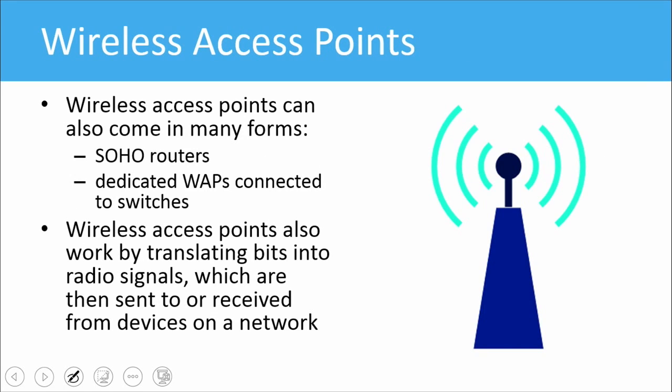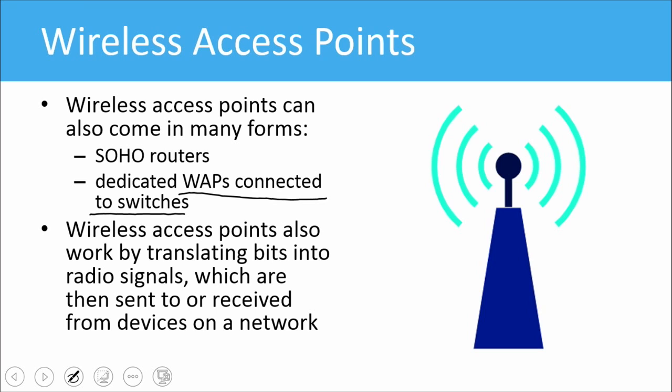Wireless access points can come in many forms as well. Oftentimes they're located in our home routers, our SOHO routers at our home office or small office. And wireless access points, like I mentioned previously, I hate to hammer this down, but they're connected to switches. We do have dedicated ones that are specifically for the purpose of sending and receiving data in large organizations.